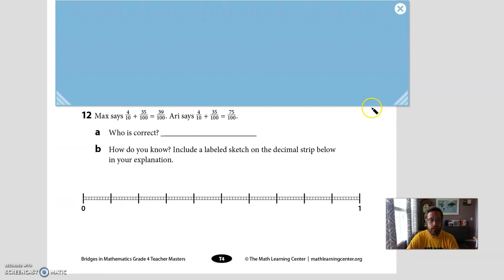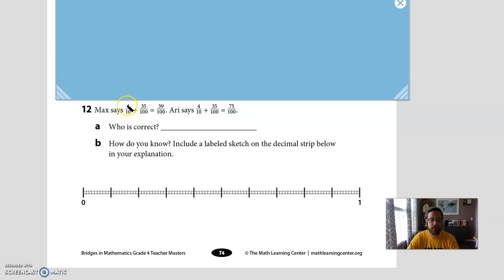And the last one to wrap it up says, Max says 4/10 plus 35 hundredths is 39 hundredths. Ari says 4/10 plus 35 hundredths is 75 hundredths. Who is correct and how do you know? Well, we know that whenever you add or subtract fractions, you have to have a common denominator. In this case, we don't have a common denominator because one's 10 and one's 100.